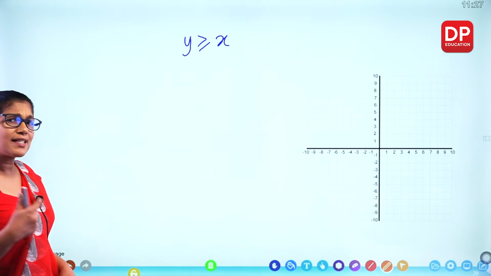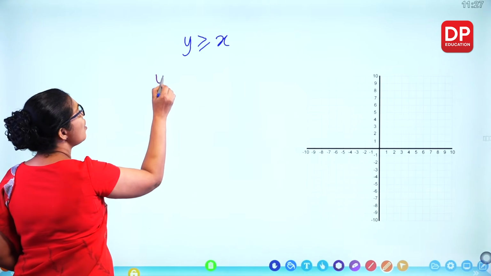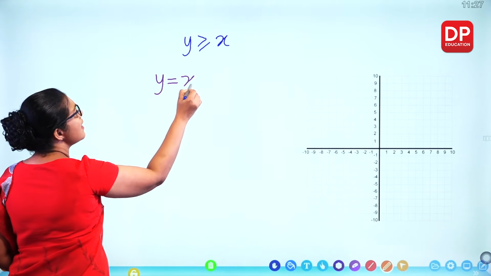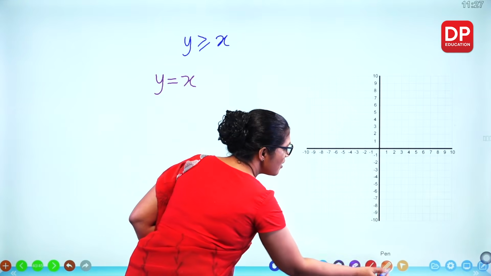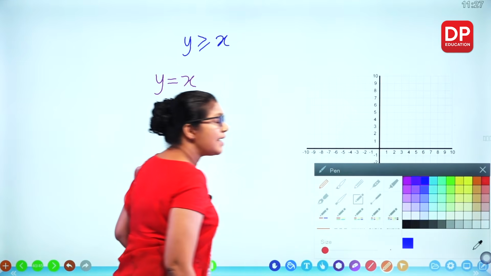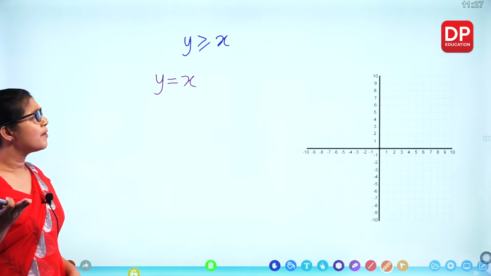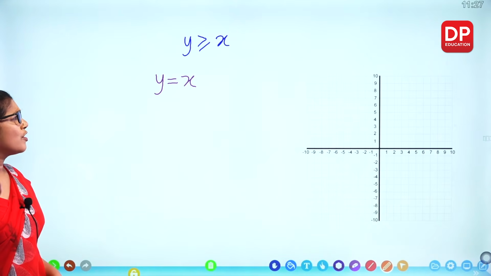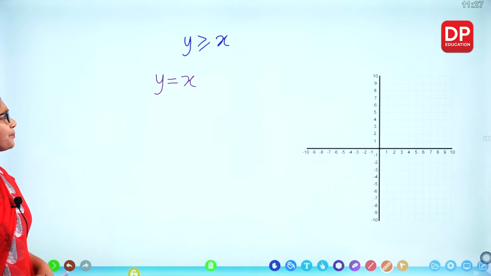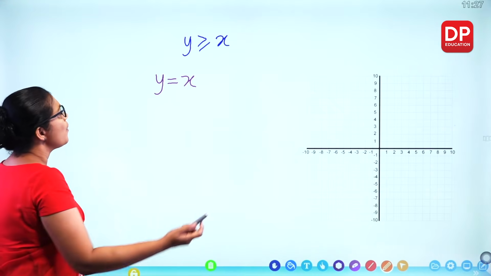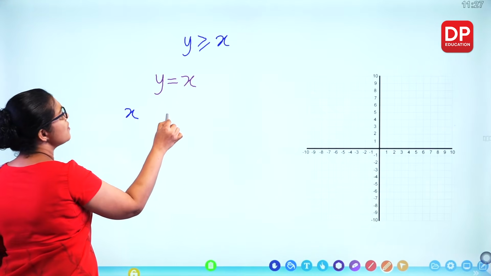That means what's the straight line you have to draw? Y equals x. So when you want to draw any line, any 3 points are enough to draw a straight line. So here we can take several x values and y values.